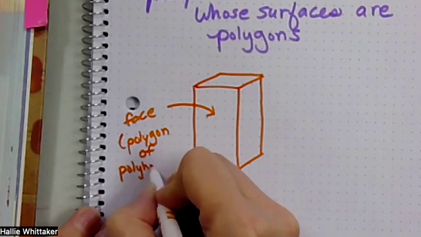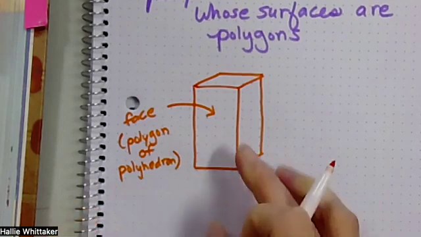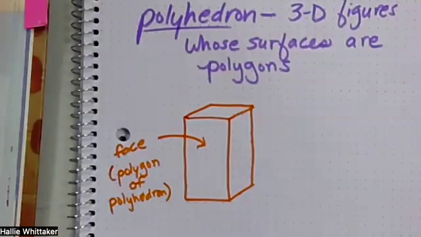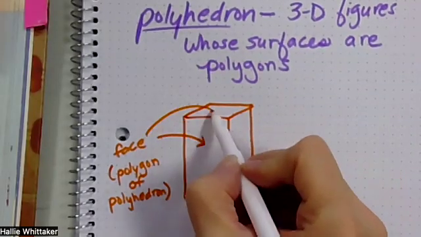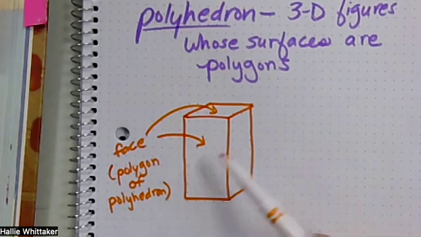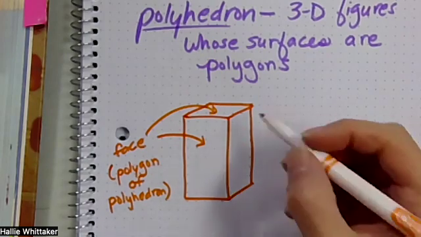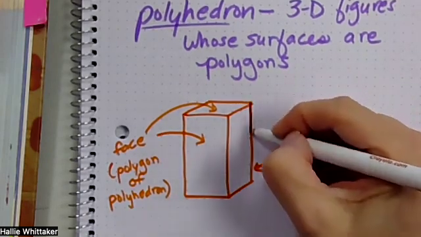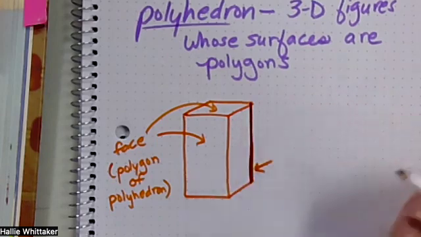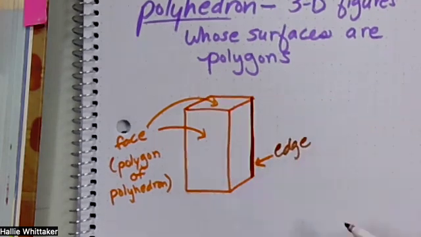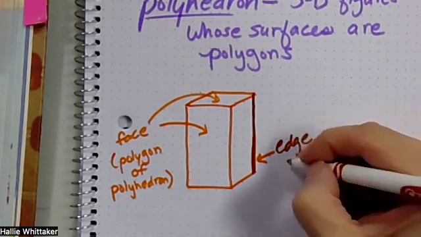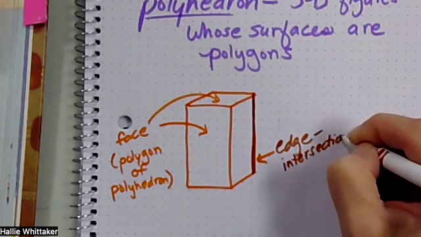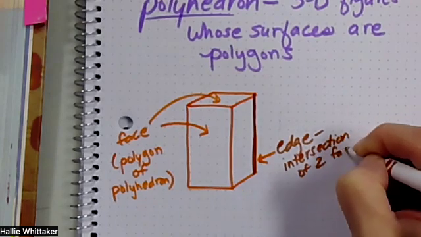And poly means what, y'all? Yeah. So these 3D figures are made up of many polygons. So that's a face. That's a face. You get the point. So this has several faces to it. Do you all remember what we called this part right here? Edge. Good job. So several edges to this as well. And the edge is the intersection of two faces.